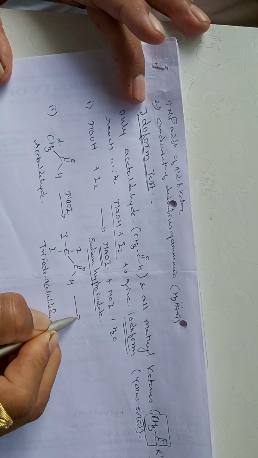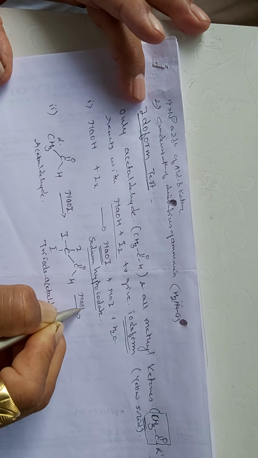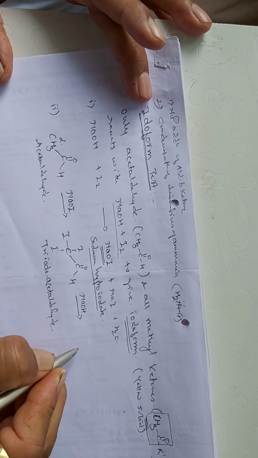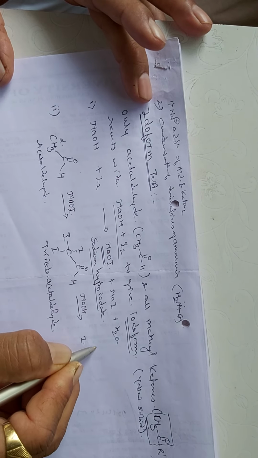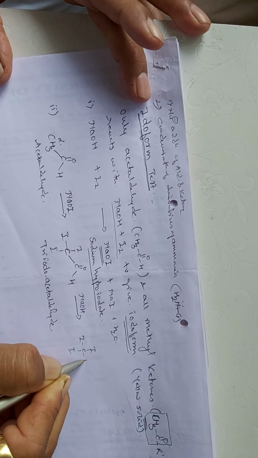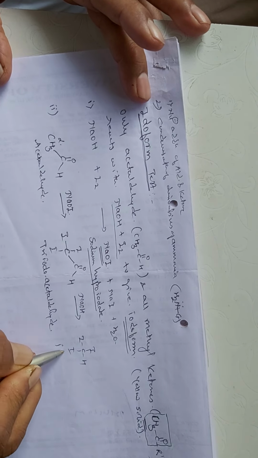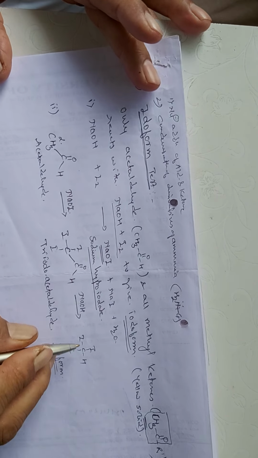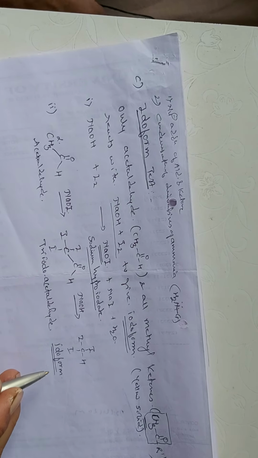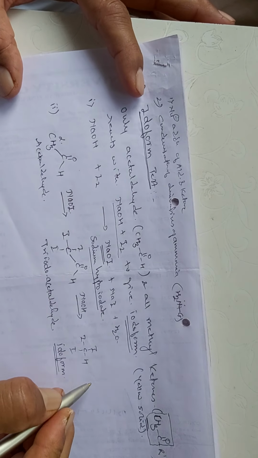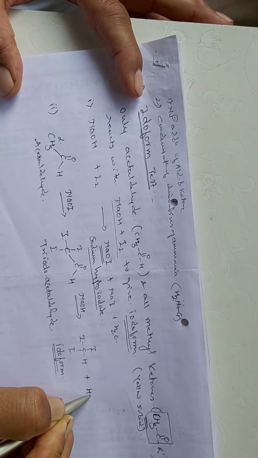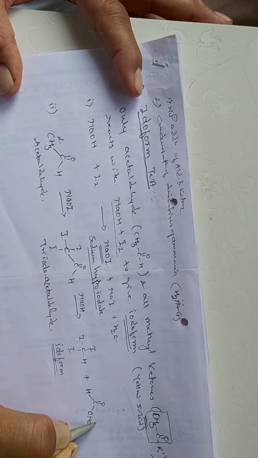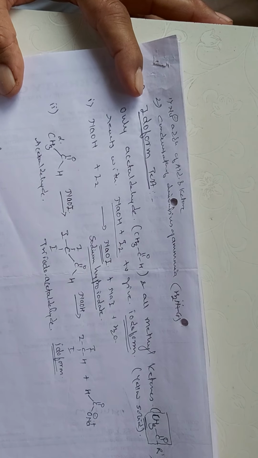This further reacts with sodium hydroxide from the solution in excess and gives the formation of iodoform. Iodoform is just like chloroform, CHCl3; here CHI3 is iodoform, and the byproduct formed is sodium formate.